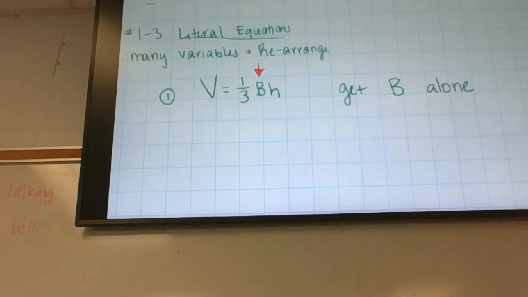I'm hearing people say divide H. That's good. This is all multiplication. Yeah, you could divide H. Yeah, let's divide H and 1/3. No, because there's no plus signs. That implies multiplication. The opposite of multiply is dividing.